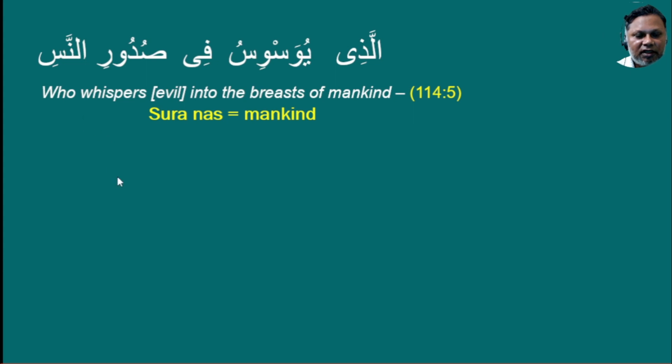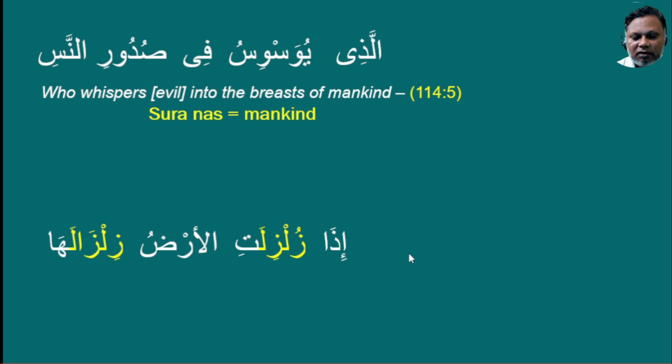This is the Quranic example: who whispers into the breast of mankind. Alladhi yuwaswisu fi suduri n-nas. Alladhi, who; yuwaswisu, whispers; fi, in; suduri, the breast; nasi, of mankind. This is Surah Nas.